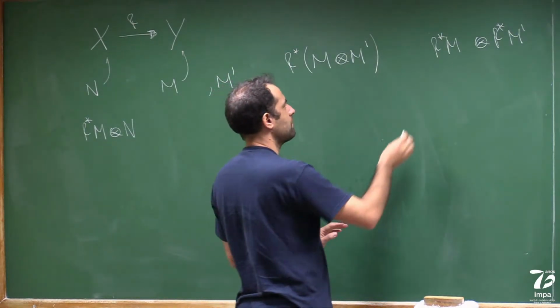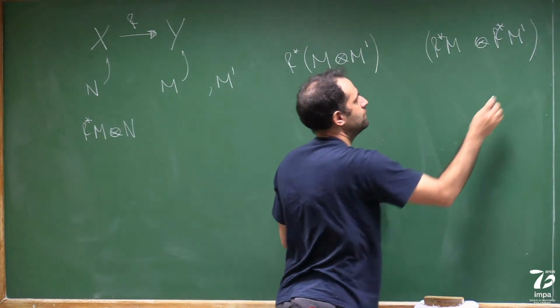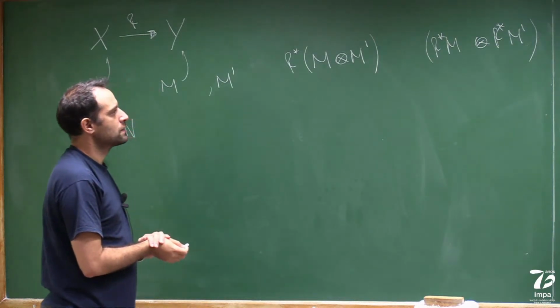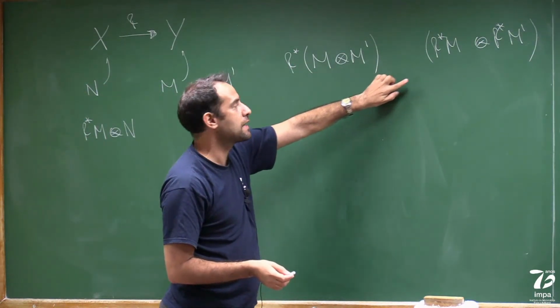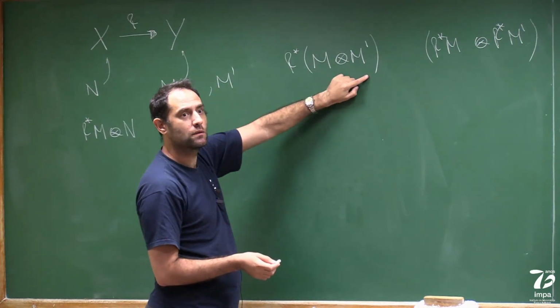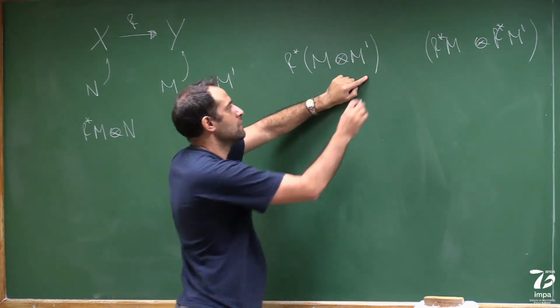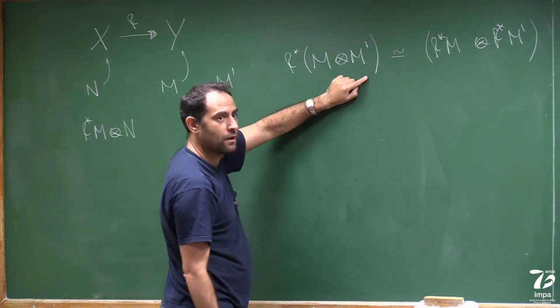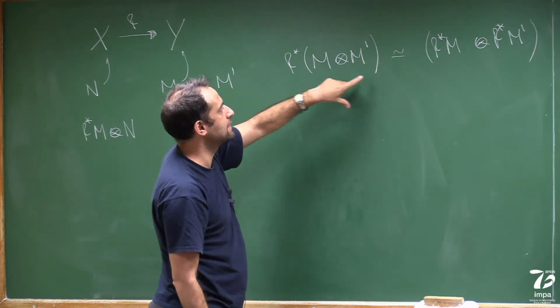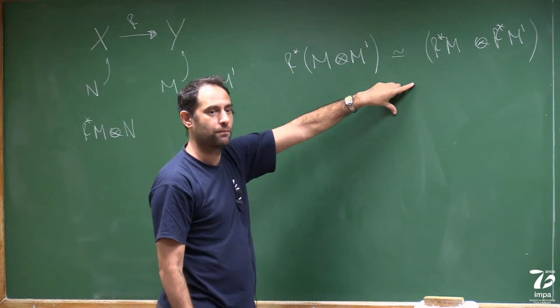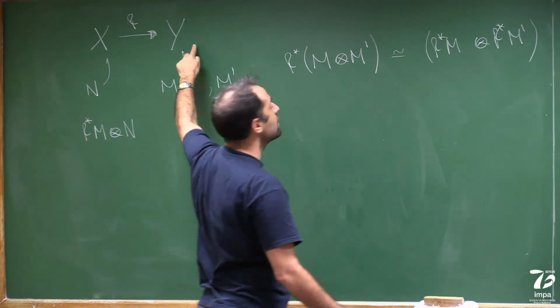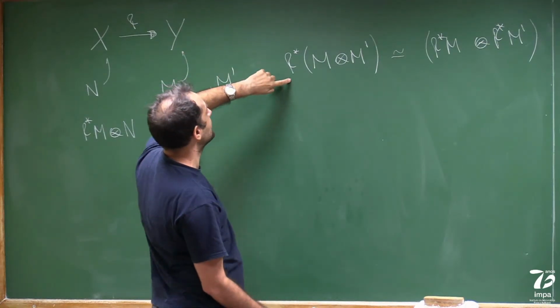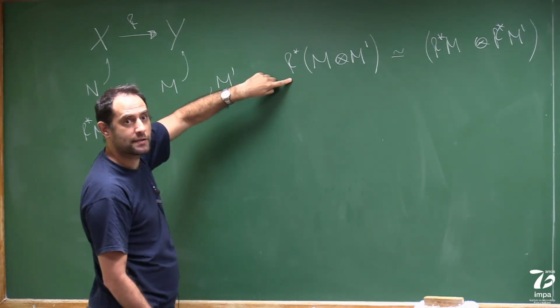So now the statement in geometry is that pullback commutes with taking tensor product. So these two things are the same. But what makes it interesting is that this is true derived as well. If I take the derived tensor product in Y, or if I take the derived pullback of f, then I get the same thing.